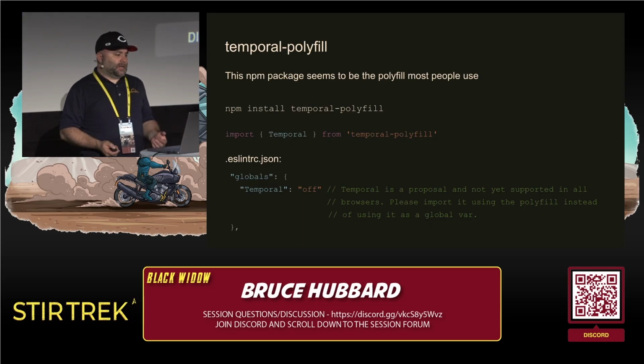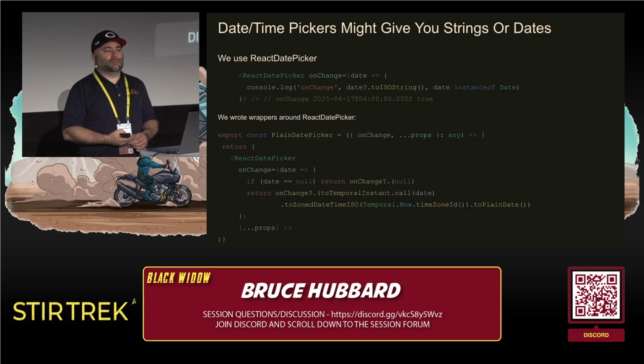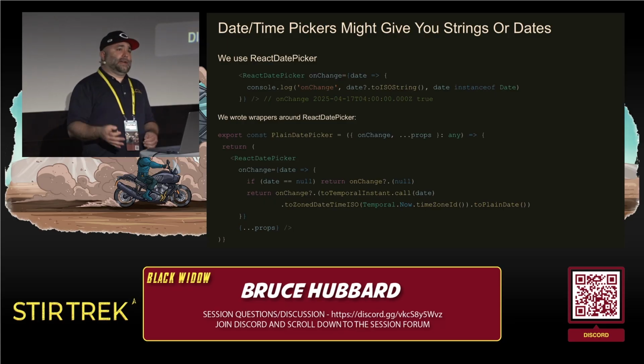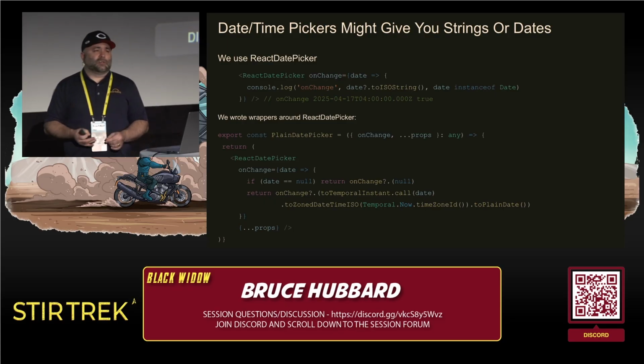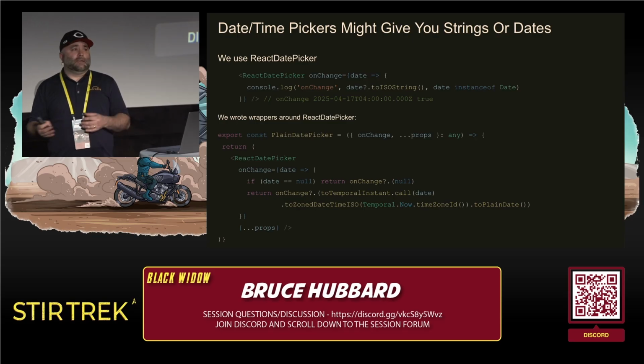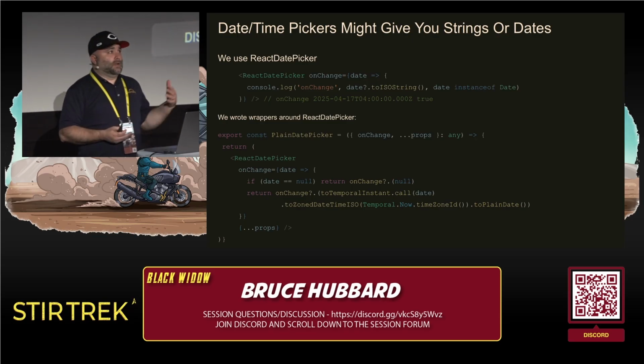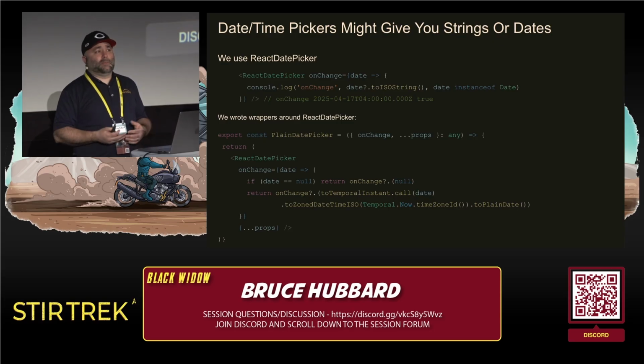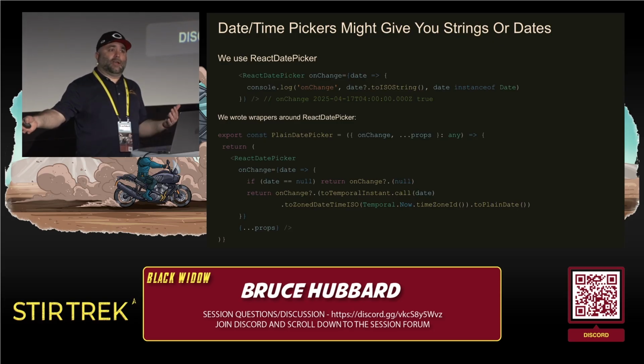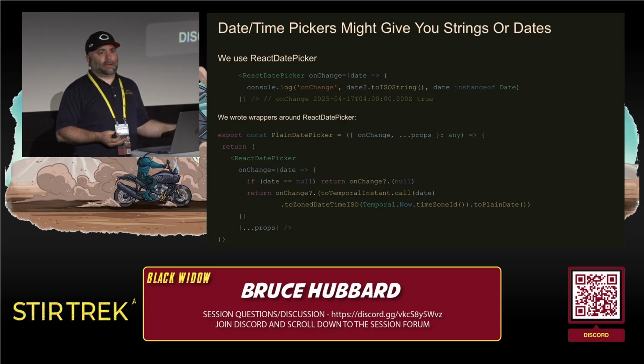I want to talk about a couple other things that we dealt with when we implemented it. We use React Date Picker, and I'm sure a lot of date pickers do this, but they give you a date back. Even though with React Date Picker you can pick a month and a year, and it actually has time, it has all these different kinds of pickers, but it mostly just gives you a date back.